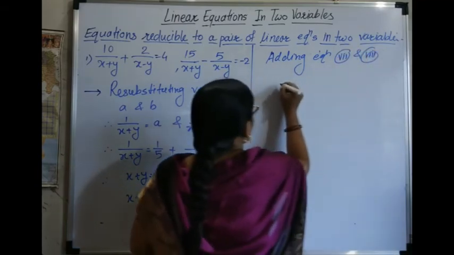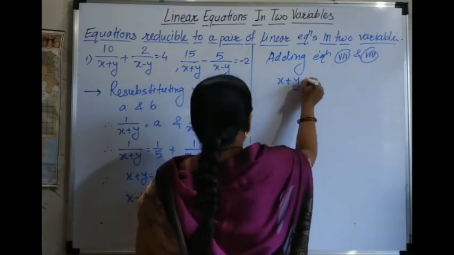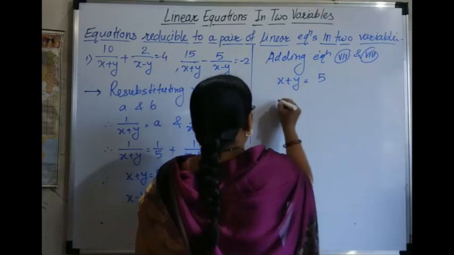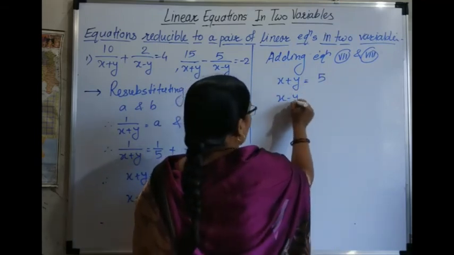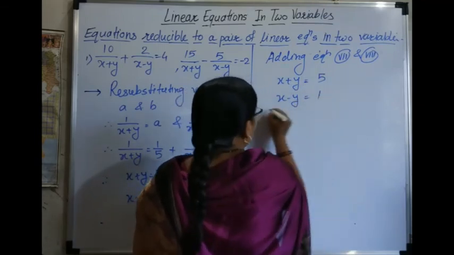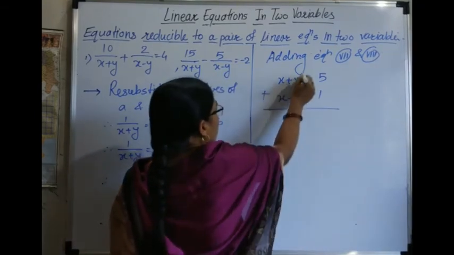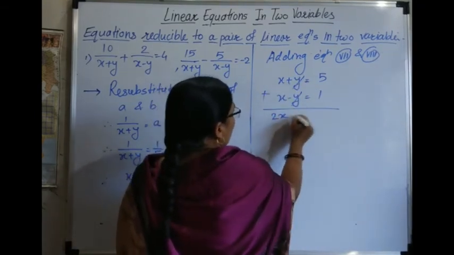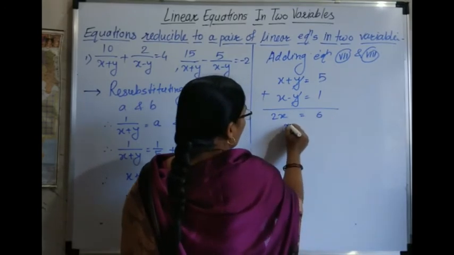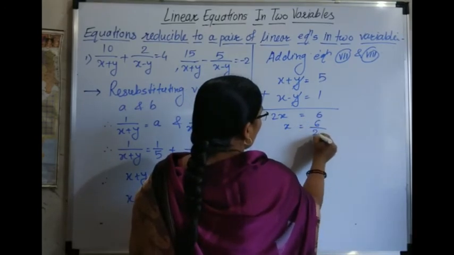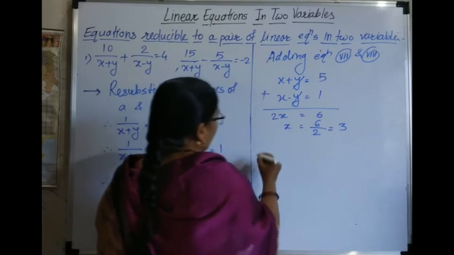we can get now here x plus y is equal to 5 and x minus y is equal to 1. Therefore, this plus y minus y will cancel. 2x is equal to 6. Therefore, x is equal to 6 by 2, which is equal to 3.